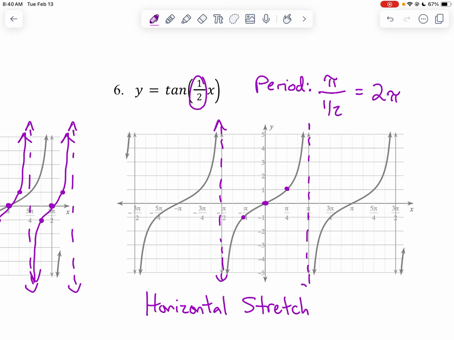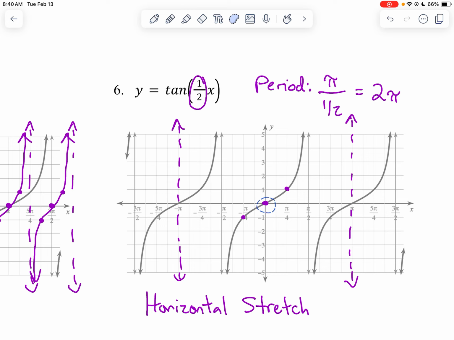I'm just drawing this here so you can see me actually physically moving these things. Because it's going to take double the period length, that means those asymptotes are going to be double the period length. So I'm going to go from negative pi over 2 to negative pi, because that's double, and pi over 2 to pi, because that's double.